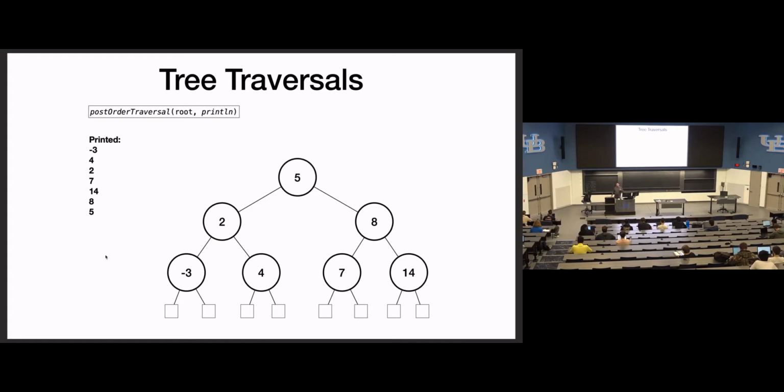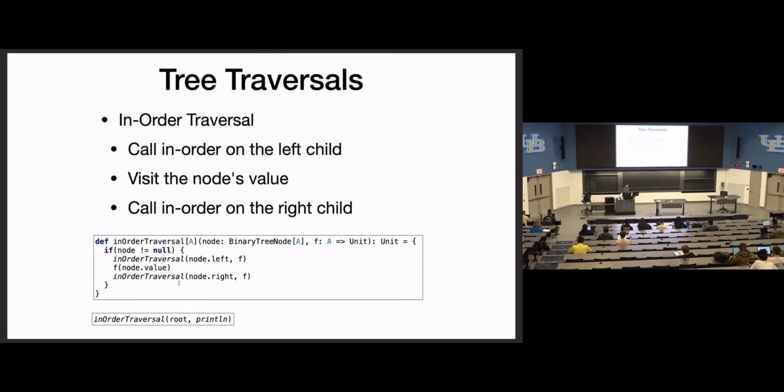So we get a completely different order that we're visiting these nodes in, based on when we make the recursive call versus when we visit the current node.